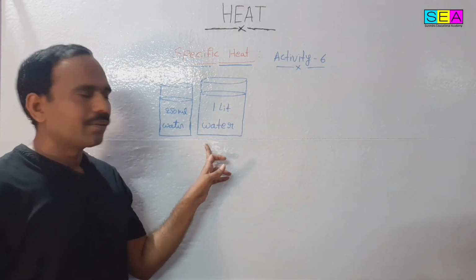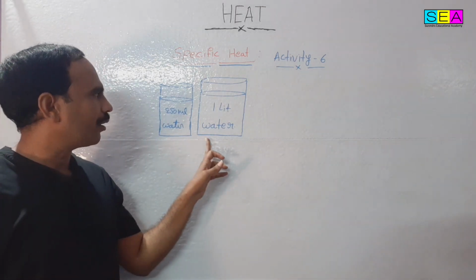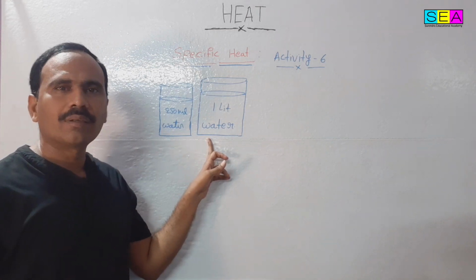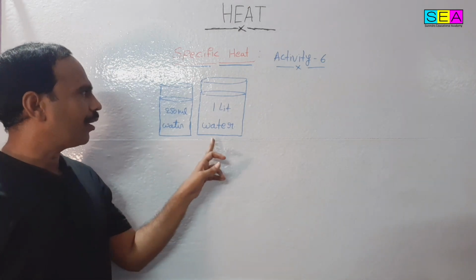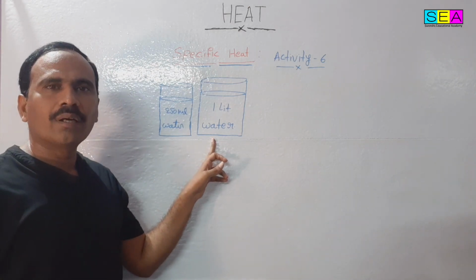Next activity, take two beakers, one small beaker and another one a large beaker. Take 250 ml of water in the small beaker and 1 liter of water in the large beaker.